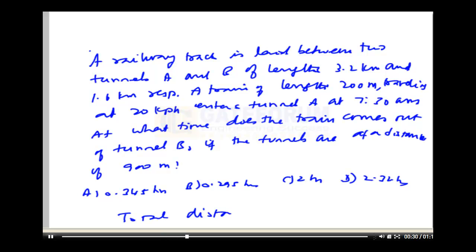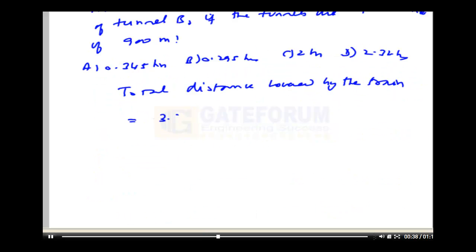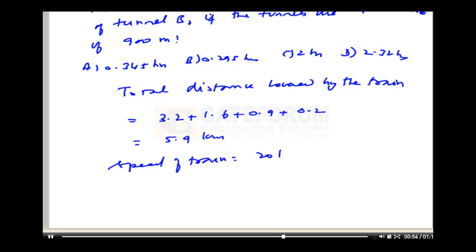Total distance covered by the train is equal to the sum of the lengths of the two tunnels and the distance between them, 0.9, and the length of the train, that will be 5.9 kilometers. Speed of train is 20 kilometers per hour. So time taken is 5.9 by 20, 0.295 hours from 7:30.